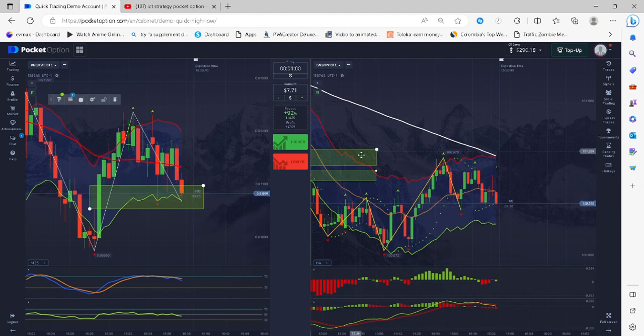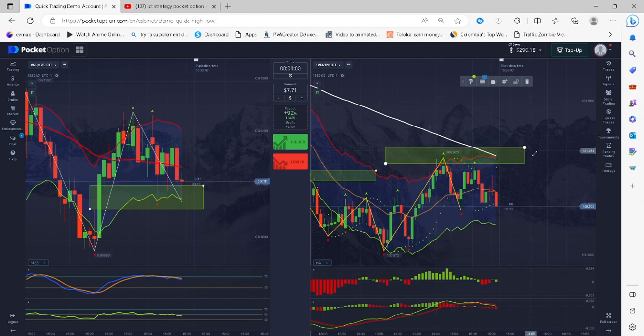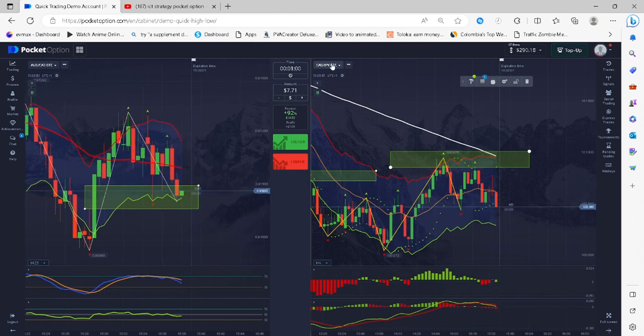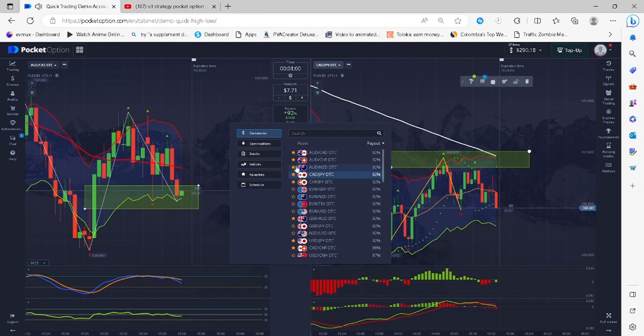Pay attention to this market right here. You will notice a small fair value gap which has already been mitigated and dragged down. But notwithstanding, we are going to give this candle a highlight.